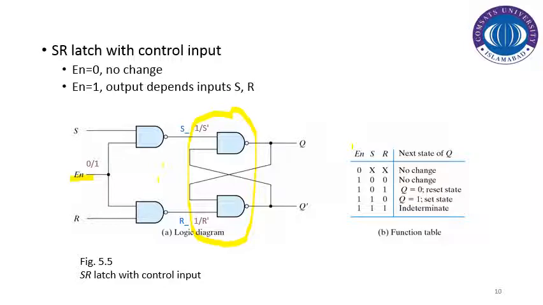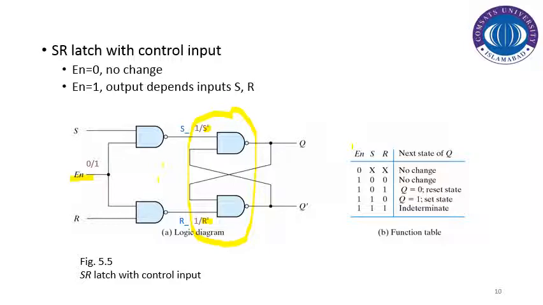And if we set the value equal to 1, in that case, the output of this NAND gate is equivalent to S prime, and the output of this NAND gate equals R prime. Now the transitions in these S prime and R prime are responsible for the change in output for Q and Q prime.